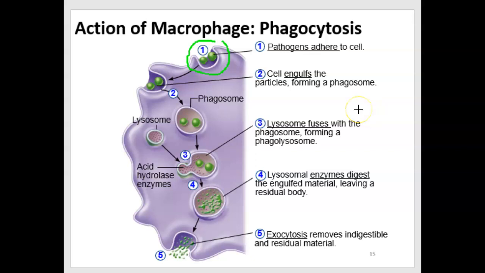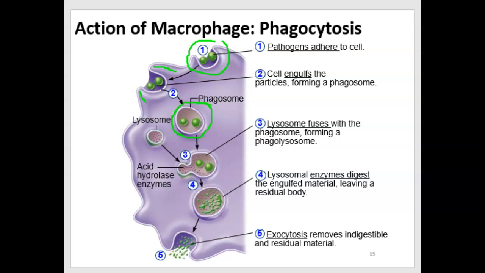And then the macrophage extends out its cell membrane and cytoplasm to engulf that pathogen, eventually breaking off into a vesicle that we call a phagosome. And this phagosome then is located on the interior of the cell within the cytoplasm.